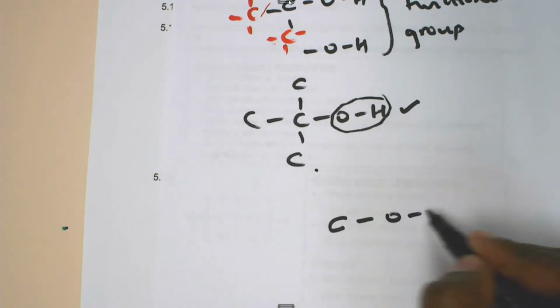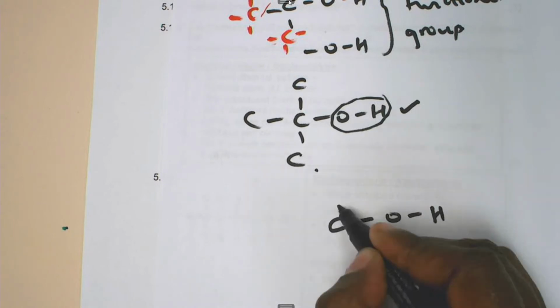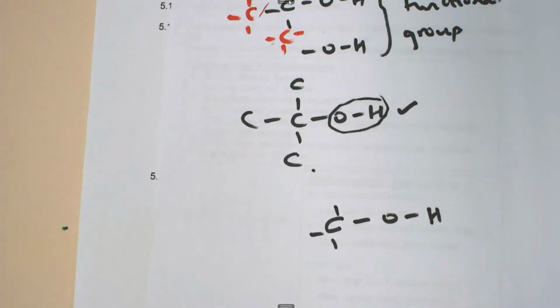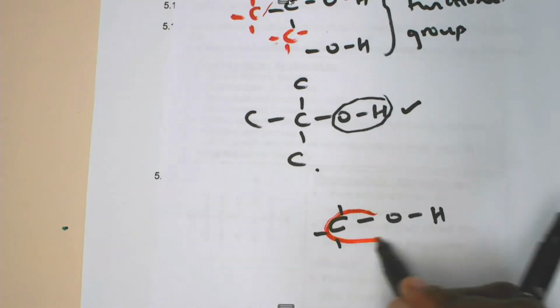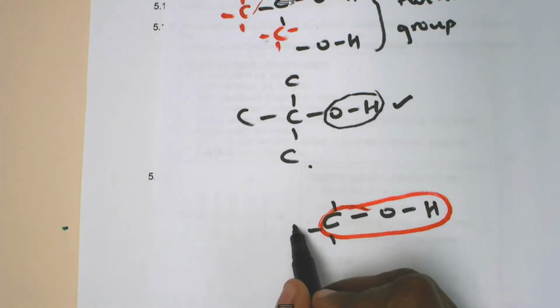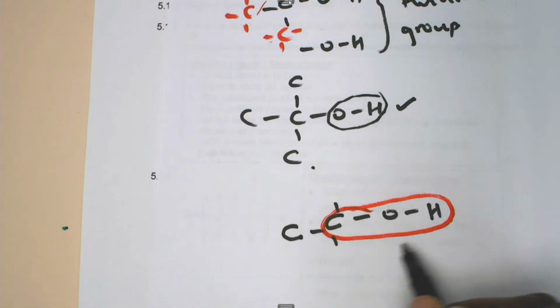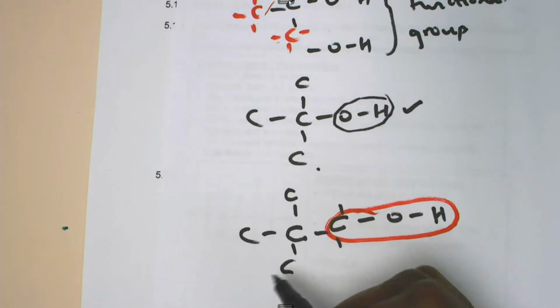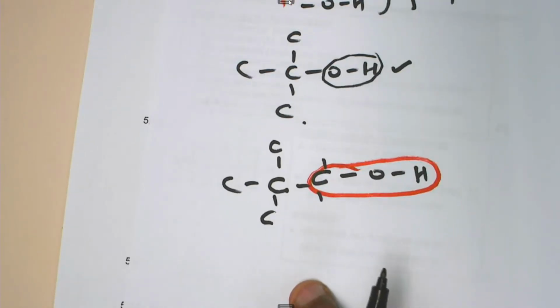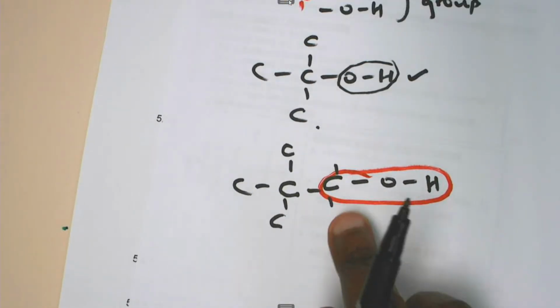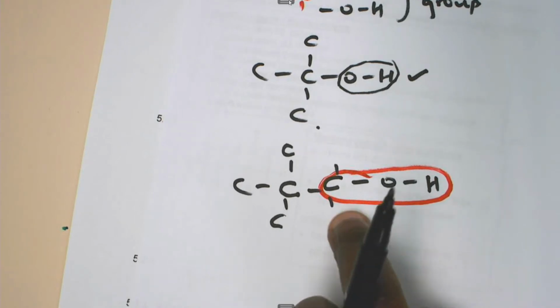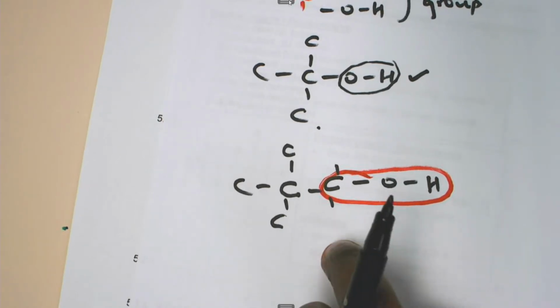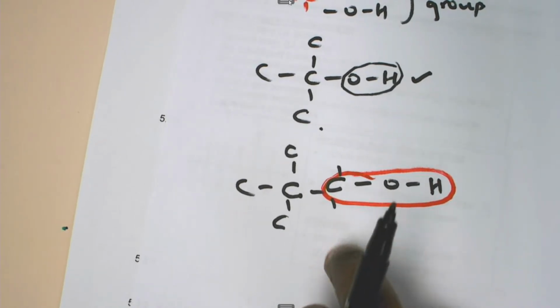But if the learner says take this as a functional group, the whole of this, let me encircle it, the whole of this as a functional group, then the learner can say now this carbon that is bonded to the functional group is bonded to 3 other carbon atoms, which will now be incorrect because now this will make it a primary alcohol. So let us ensure that our learners know what the functional group is.